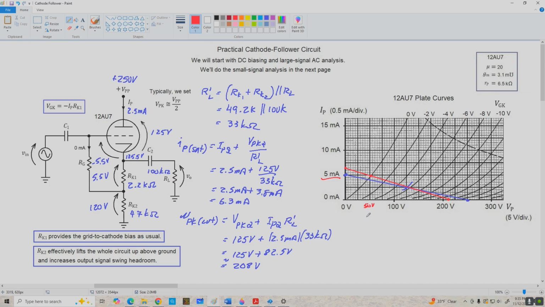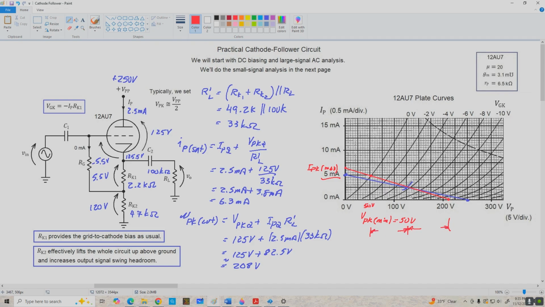So our VPK min is about 50 volts, and our IPK max is about 5 milliamps. Okay, IPK max. And now we can find our voltage swing out of this thing.